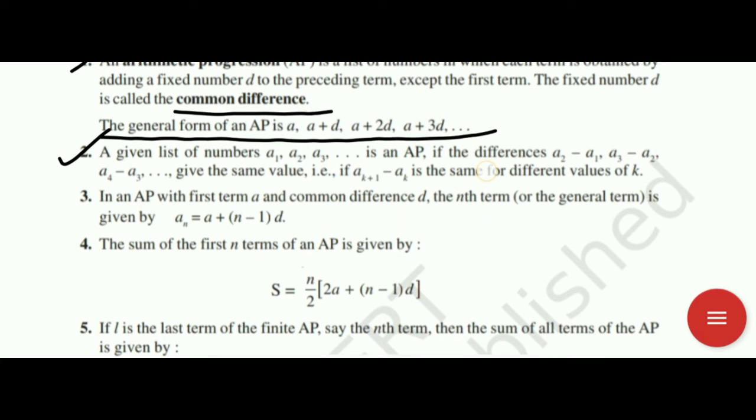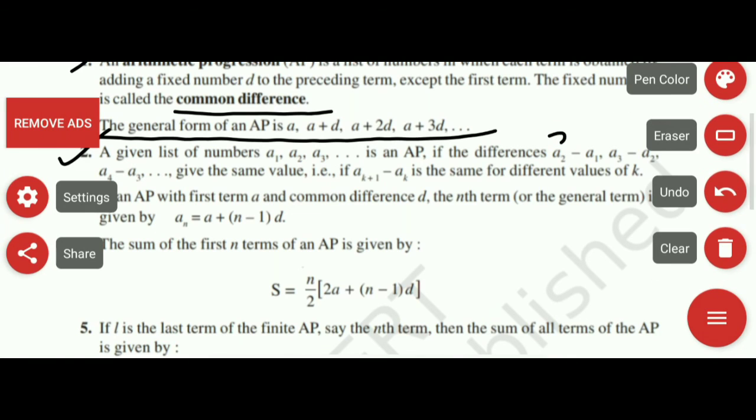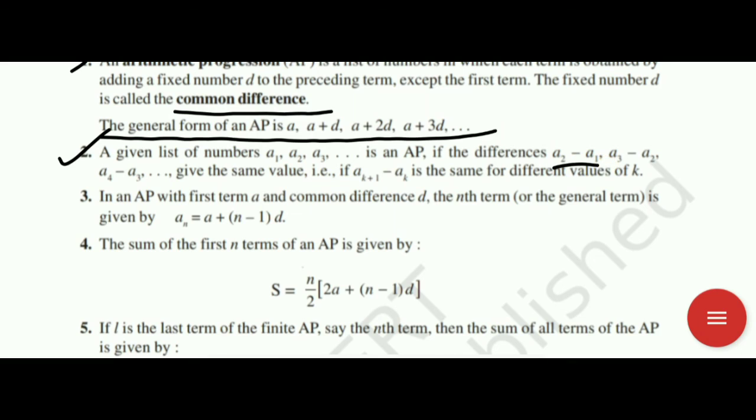Now come to the second point. A given list of numbers, that is a1, a2, a3, etc., is an AP if the differences a2 minus a1, a3 minus a2, a4 minus a3 give the same value. That is, if a(k+1) minus a(k) is the same for different values of k. I have given n plus 1 in your notebook, you can check it. We are subtracting any term minus the preceding term: a2 minus a1, a3 minus a2, a4 minus a3.